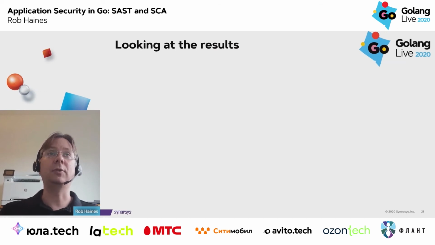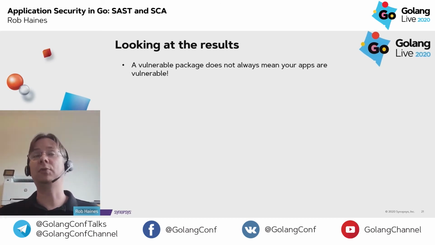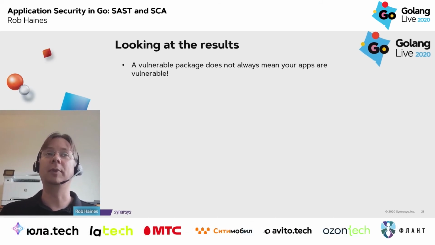So let's have a look at the sort of information that you get out of these tools. And also want to say at this point, just because we have a vulnerable package doesn't mean that your apps are also vulnerable. Quite often, some packages have lots of vulnerabilities. I'm going to take the example of the Linux kernel. That may have like 200 vulnerabilities in it, but that's not necessarily for all of the parts of the kernel. You might be not using a driver which has a vulnerability.